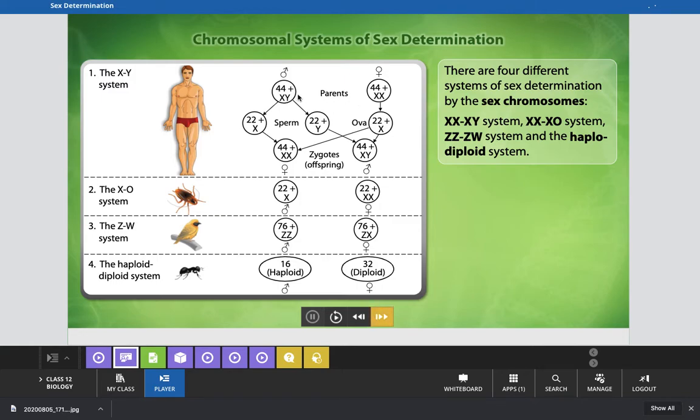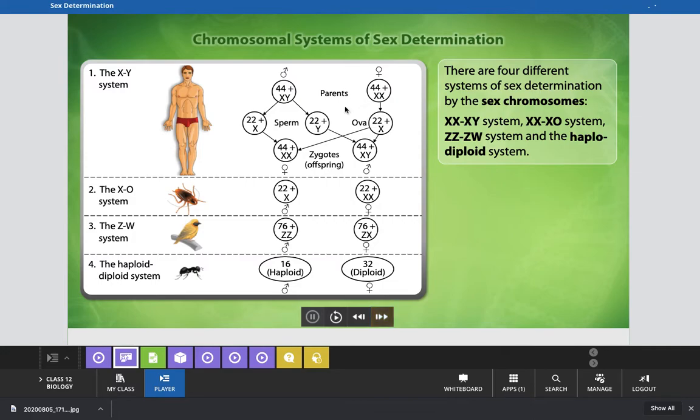In this genetic constitution, you can see that in males there are 44 autosomes and one pair of sex chromosomes having one X type and one Y type of chromosome. On the other side, in females, there are 44 autosomes and one pair of XX type of sex chromosomes.